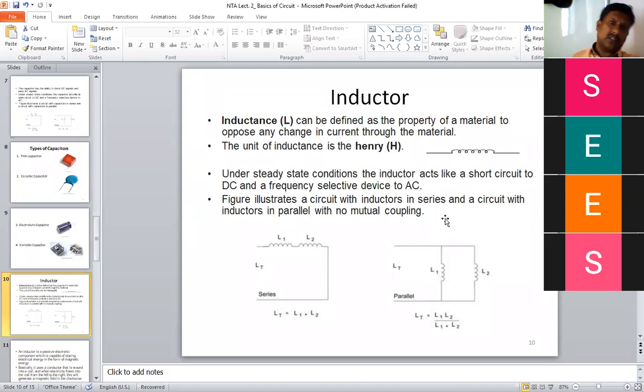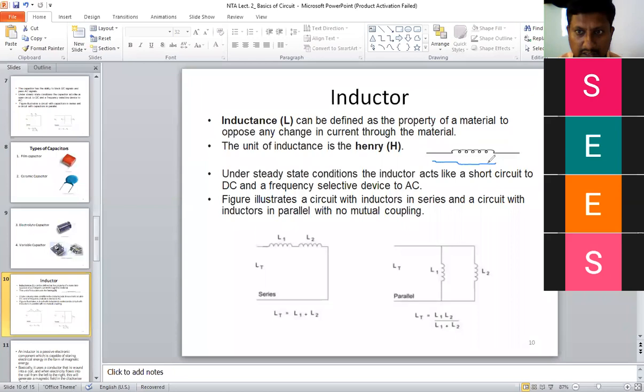Once a constant current is present at the door of this inductor, it will maintain and pass that current. Inductance can be defined as the property of the material to oppose any change in current through the material. The unit of inductance is the Henry, denoted by capital H. The symbol is shown here.